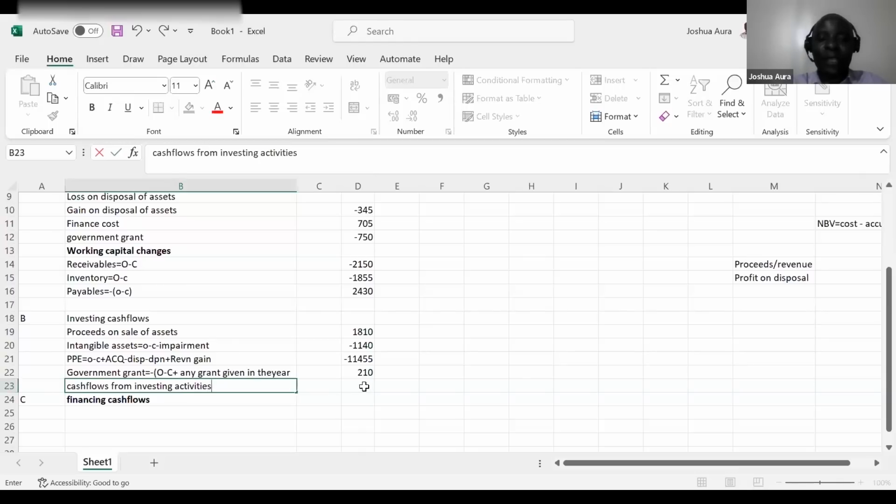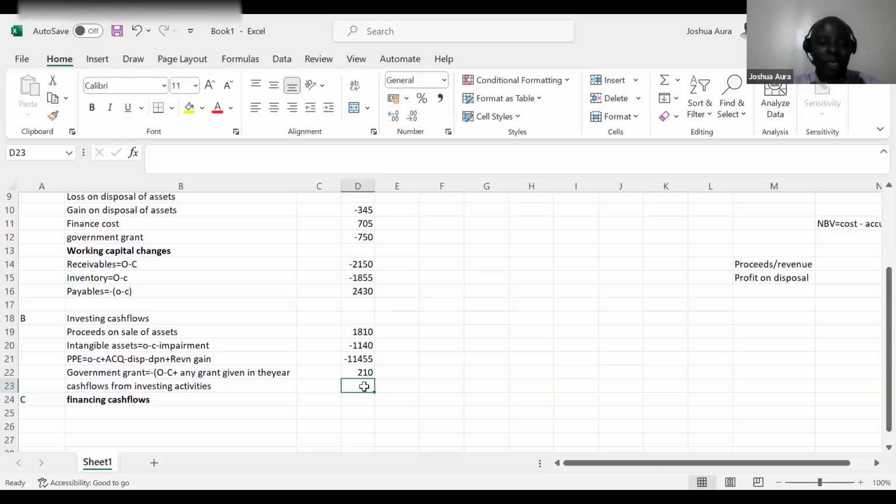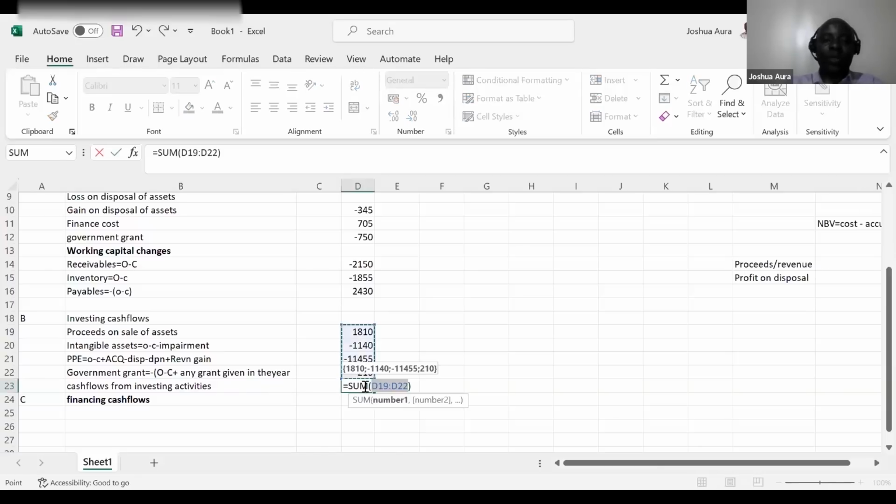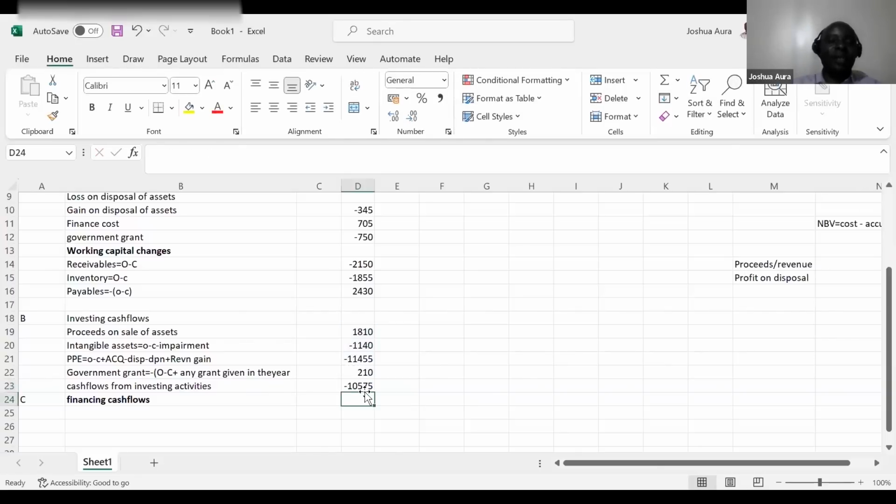So I'll say Alt equals, enter. So I'm getting my cash flows from investing.